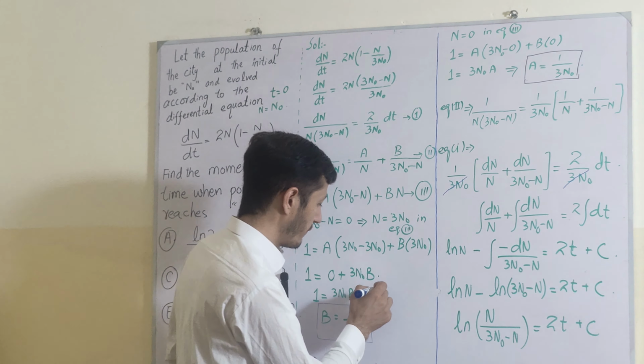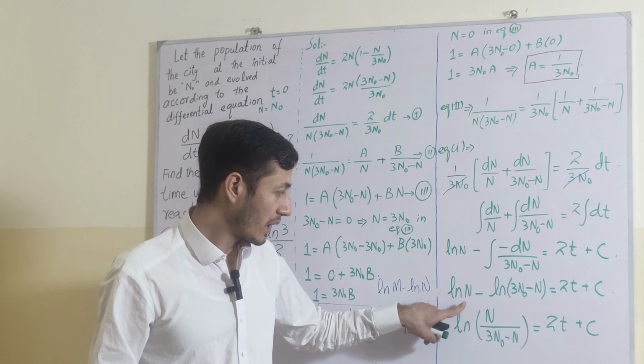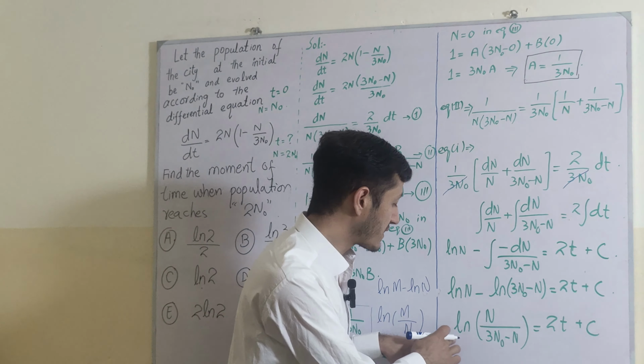If log of m minus log of n is there, then we can write these two terms in one log, and it becomes natural log of m divided by n when these are in minus form. Okay, here natural log of one thing minus natural log of another thing, so it can be written as natural log of the first divided by the second is equal to 2 times t plus c.